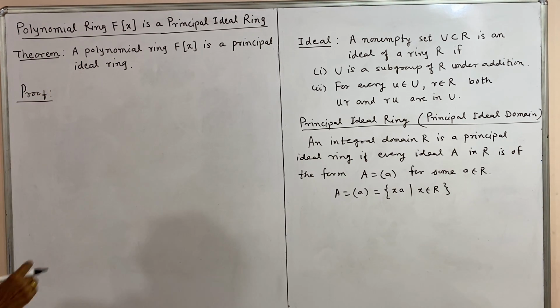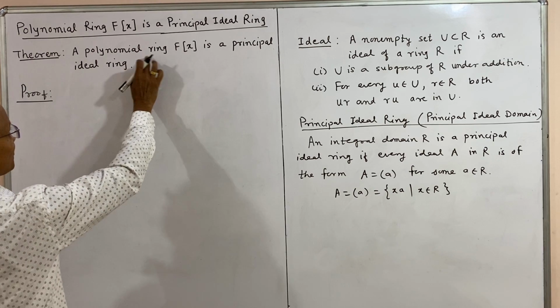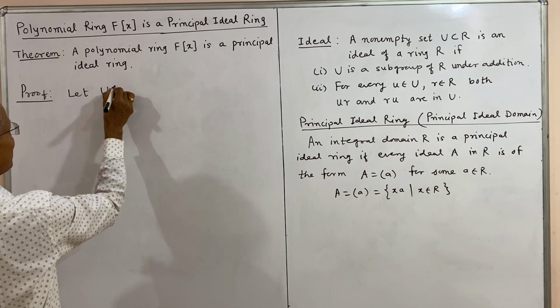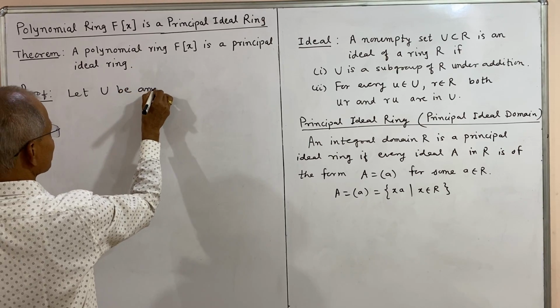So first we shall suppose U is an ideal of this polynomial ring. Let U be any ideal.